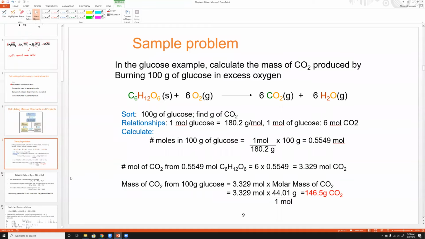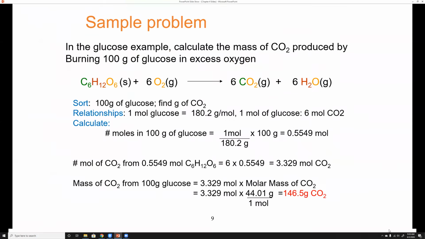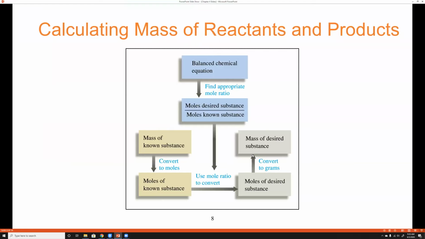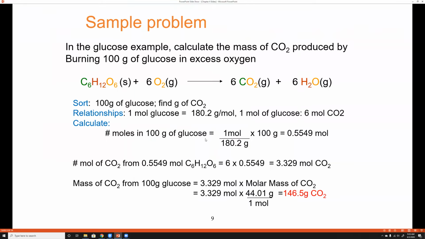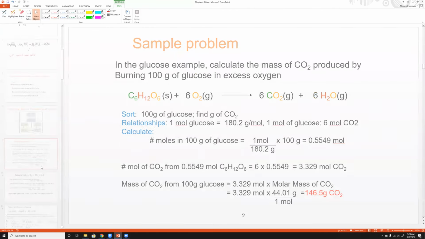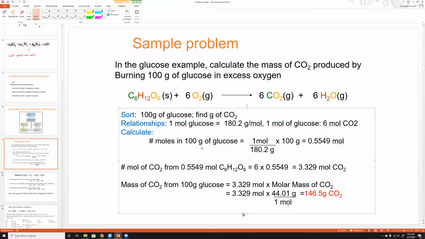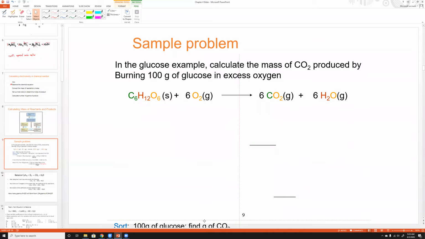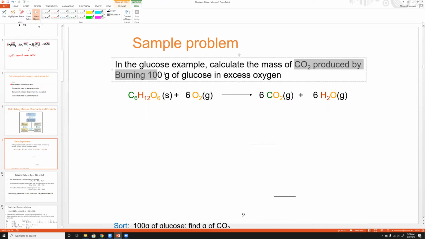Okay. Sample problem. I guess it's already there. All right, so let's take a look at it. Let's drag that out of the way. Okay, so in the glucose example, calculate the mass of CO2 produced by burning 100 grams of glucose in excess oxygen.